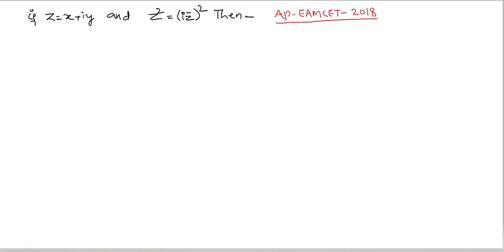If z is equal to x + iy and z² is equal to i (z bar) whole square, then dash. Here it is given z is equal to x + iy, then z bar is equal to x − iy.